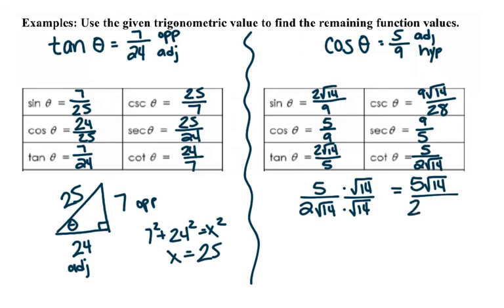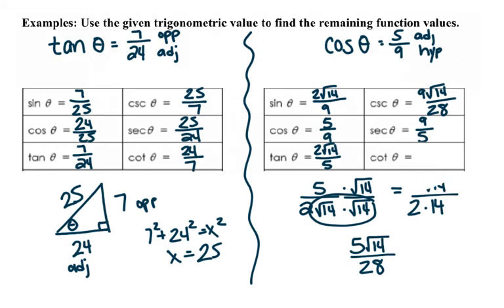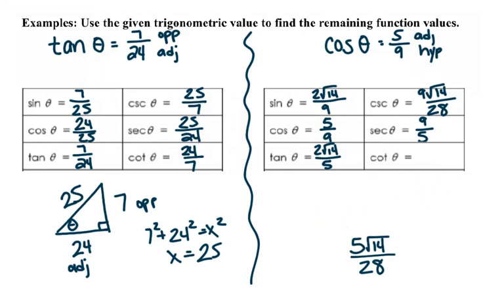The bottom is 2 times, remember the square root of 14 times the square root of 14 is just 14. So it'll be 5 square root of 14 over 28. And I'm pretty sure 5 over 28 doesn't reduce. So my answer right here is going to be 5 square root of 14 over 28.